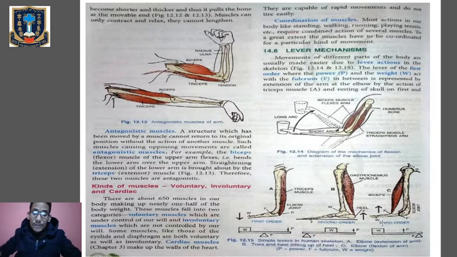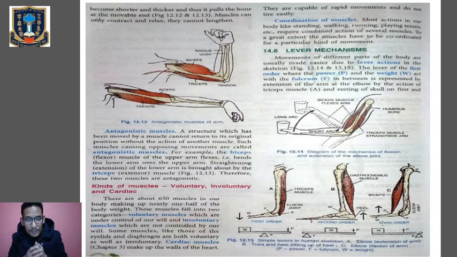It will come back to its original position only by the action of another muscle. Clear? So one muscle is removing the structure from its position, then another muscle is bringing that structure back to its original position. Here both muscles are working against each other, and this type of muscles are called antagonistic muscles. For example, the biceps muscle of the upper arm flexes when it bends the lower arm over the upper arm.